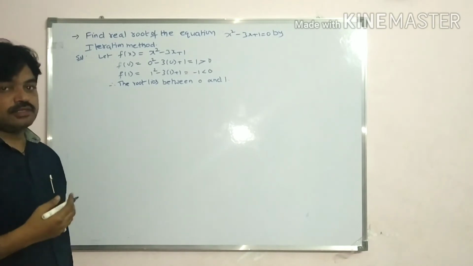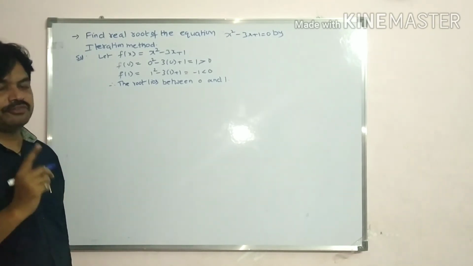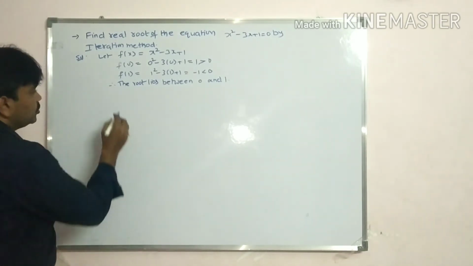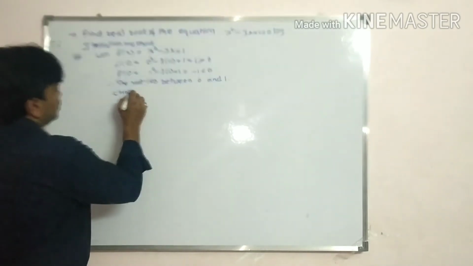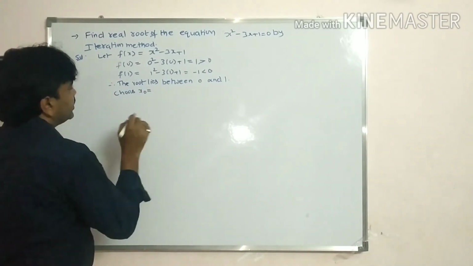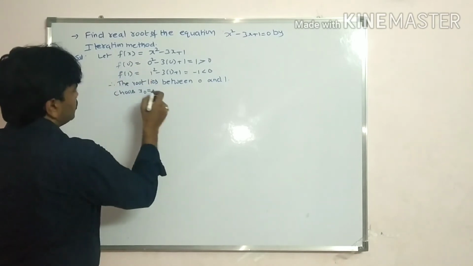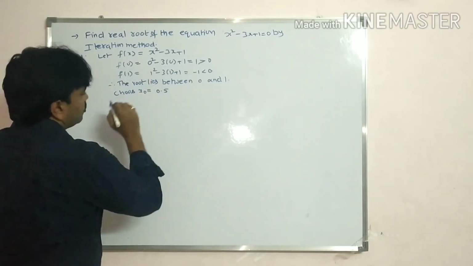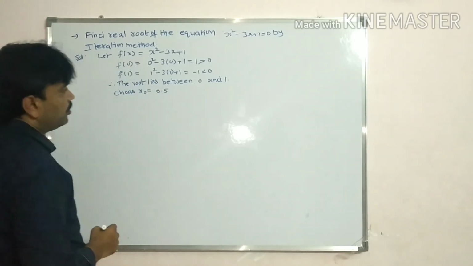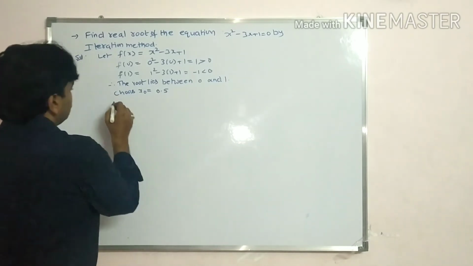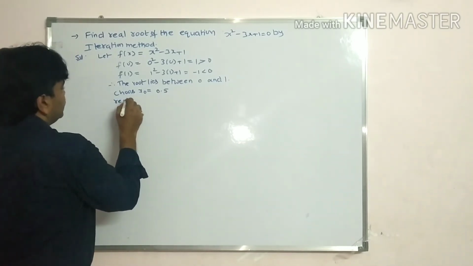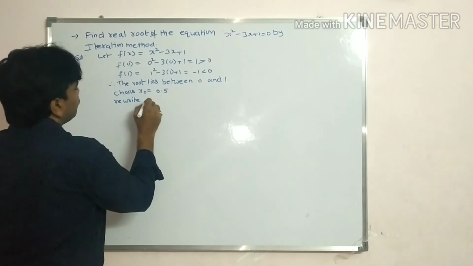What is the next step, students? Very good. We are finding x0. So you choose x0 between 0 and 1, students. I am choosing 0.5. Now rewrite the equation.